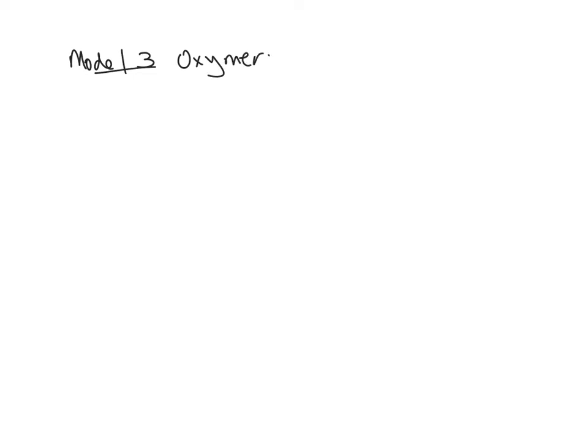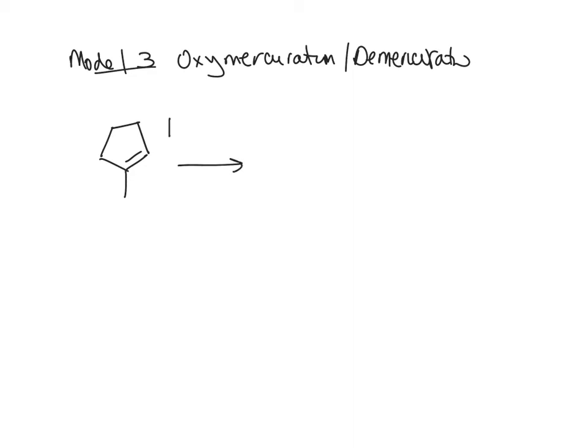This is oxymercuration, demercuration, and we have our methylcyclopentene. The first reagent, we're adding mercury acetate. It's showing you acetate here, this molecule here.